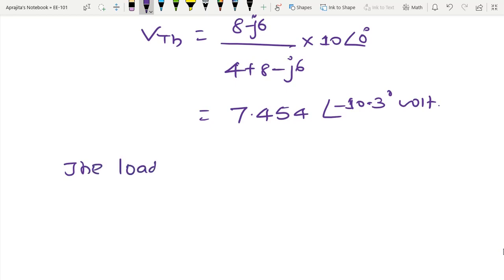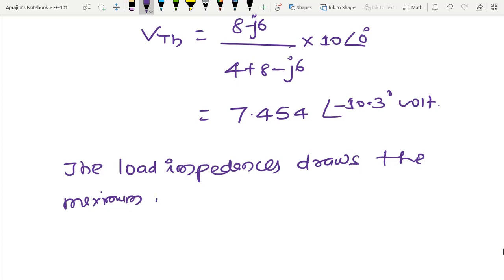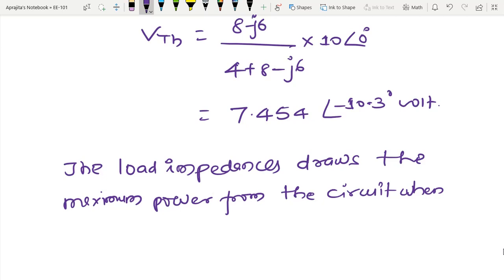So the load impedance draws the maximum power from the circuit when ZL is equal to the complex conjugate of ZTH, so that is equal to 2.933 minus J4.467 ohm.